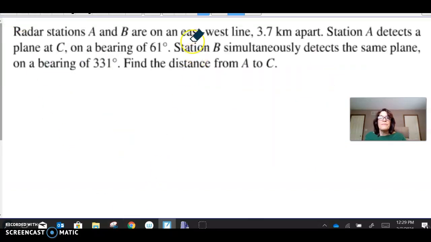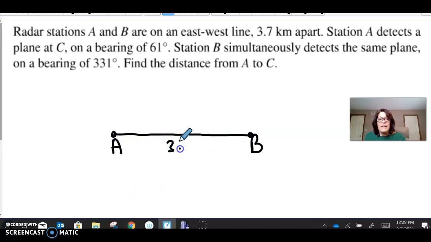So for example, if I have this problem: radar stations A and B are on an east-west line. Let's say this is A and this is B. There are my radar stations, and they're 3.7 kilometers apart. Station A detects a plane at C on a bearing of 61 degrees.